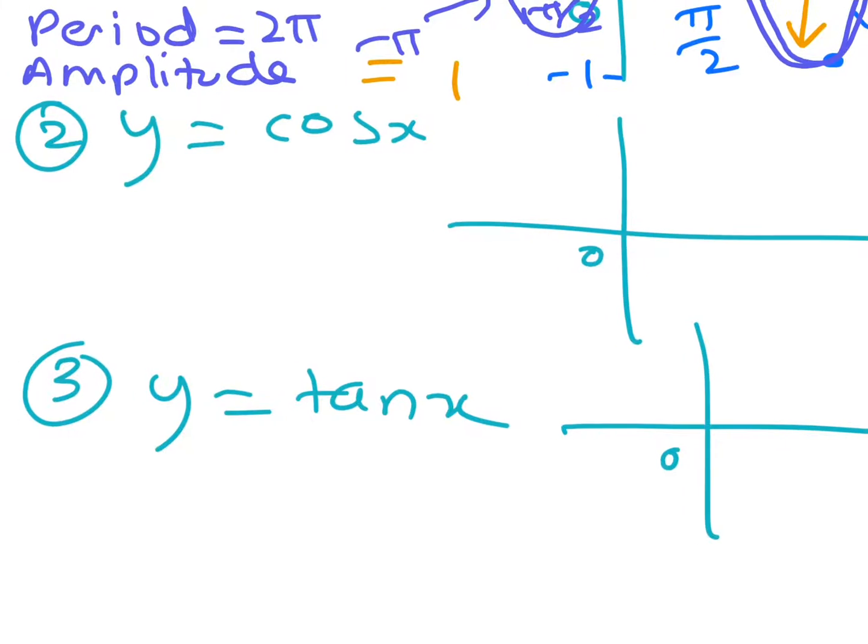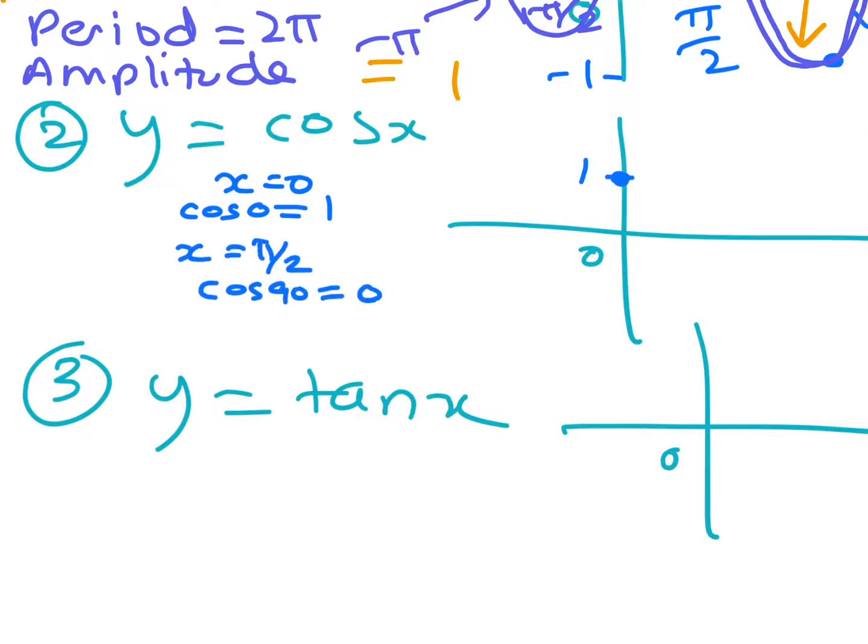Okay, y equals cos x. So if you put in x equals 0, cos 0 equals 1. If you put in x equals pi on 2, cos of 90, which is pi on 2, is 0.